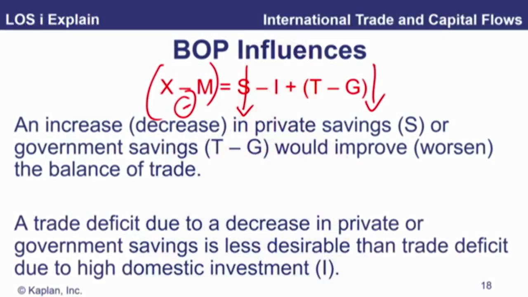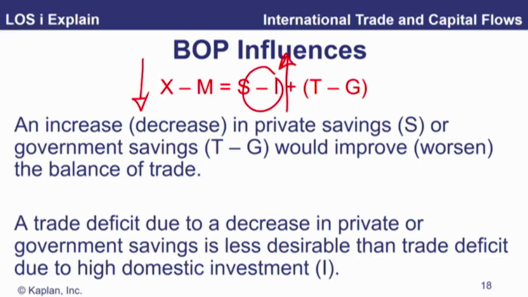That's less desirable than a trade deficit due to high domestic investment. Look at this. That's minus I. So as domestic investment rises, this falls. So you could end up with a balance of trade worsening due to high domestic investment. That's seen as less of a problem. We prefer that to government savings decreasing or private savings decreasing.